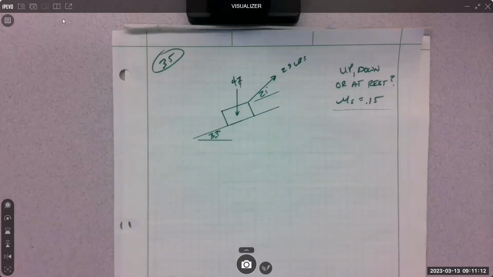It's number 35. If you have a book. Yeah, it's 47 down, 29 on the load, and 21 degrees and 33 degrees.